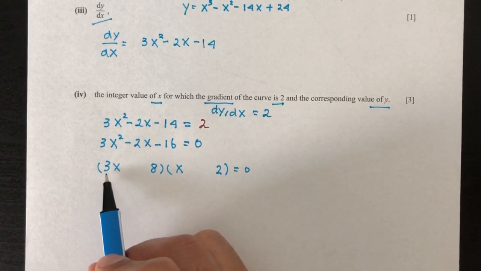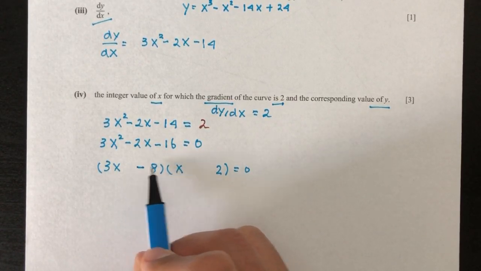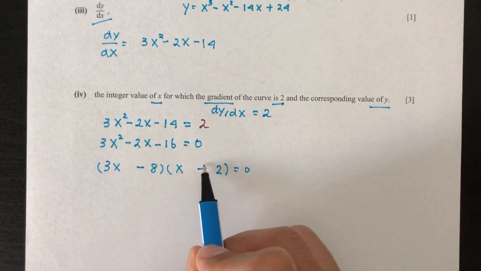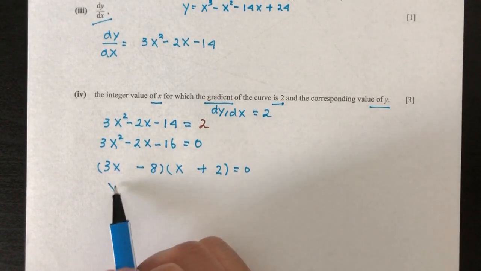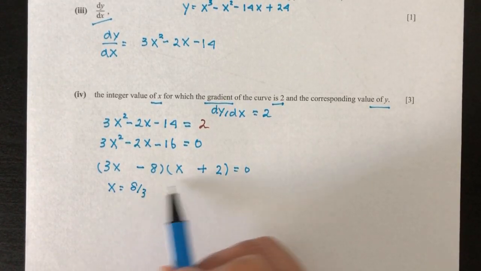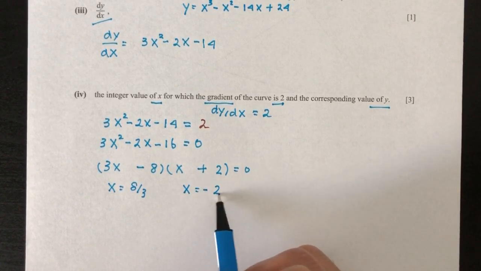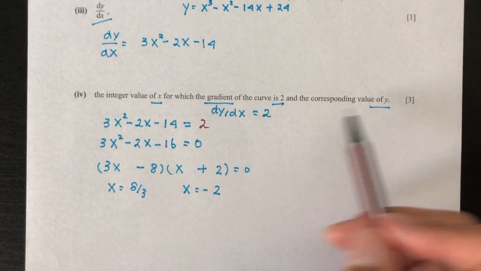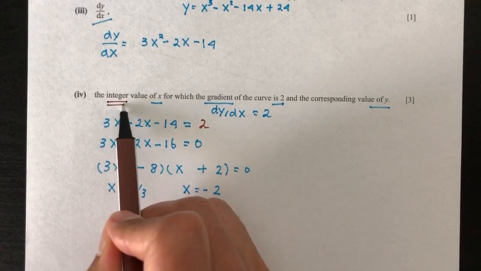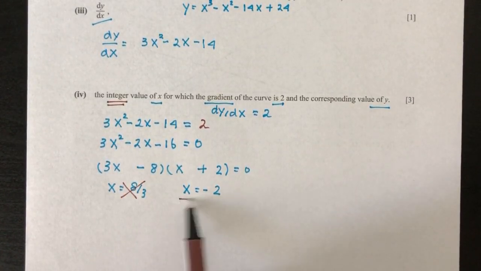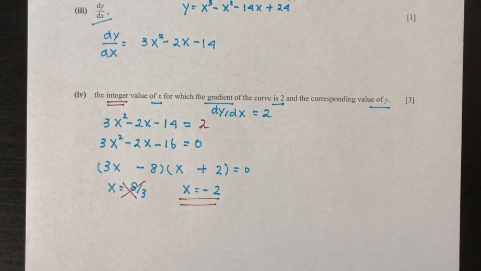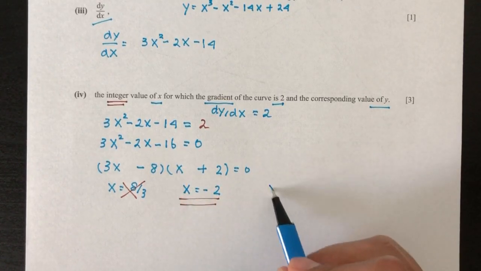So this will be minus 8x plus 6x to get minus 2x. Okay, so x can be 8 over 3 or x can be minus 2. In that case, it is said that it is an integer value, so we cannot use this. So this is your value of x. Now if x is this, find your value of y.